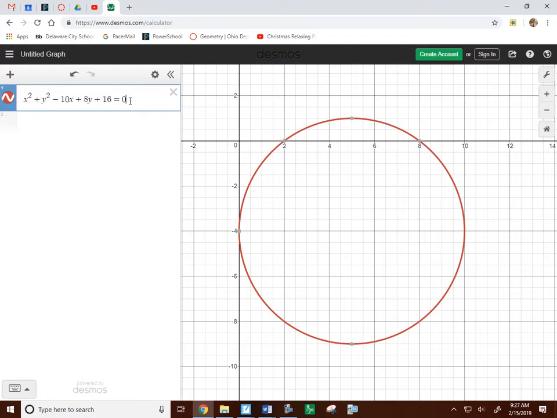It'll graph it for you, and you can get the center and radius by looking at it. For our class, I would want you to show some work. But if you're on the state test, you could put that in and get some help. All right, sounds good. I'm going to stop there.